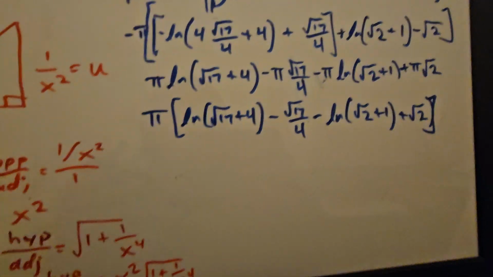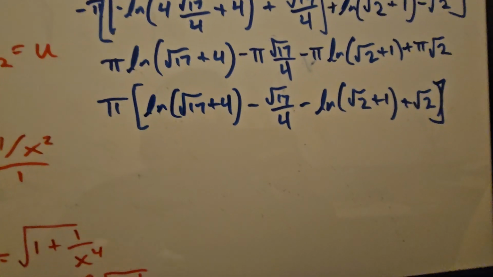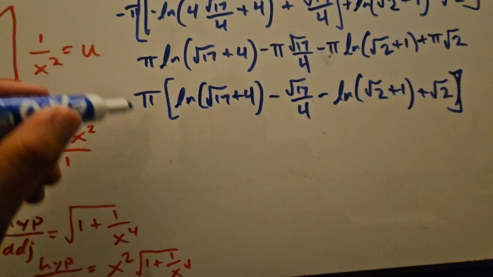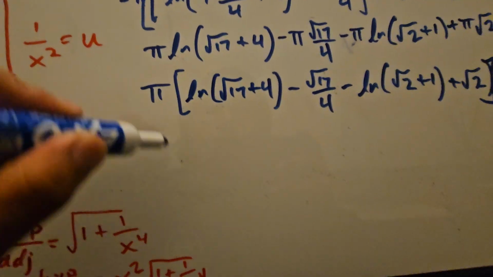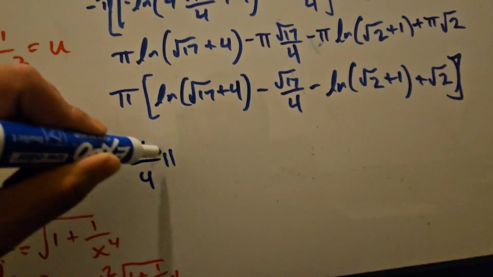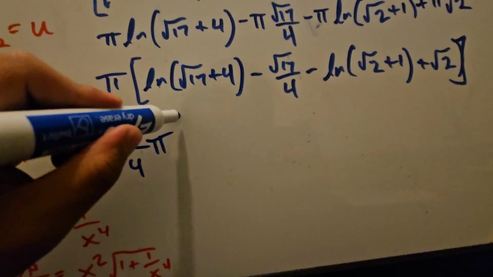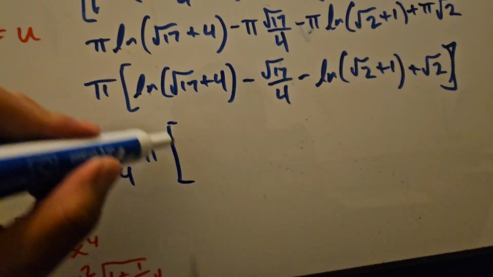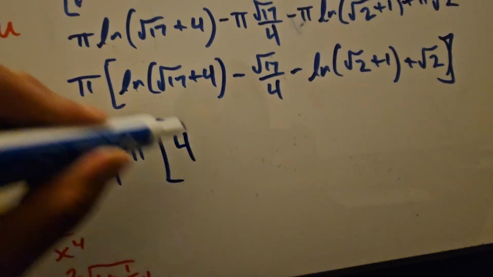So this is where the textbook wants it in some weird format. So what I'm going to do is multiply the outside pi by 1 over 4. So that's going to give us 1 over 4 pi. And then I'm going to multiply all of this by 4.